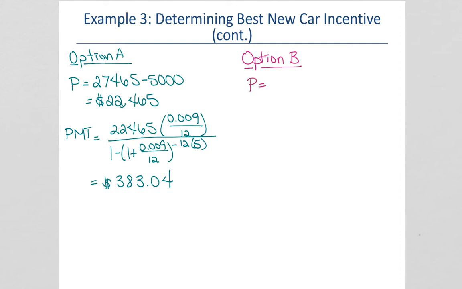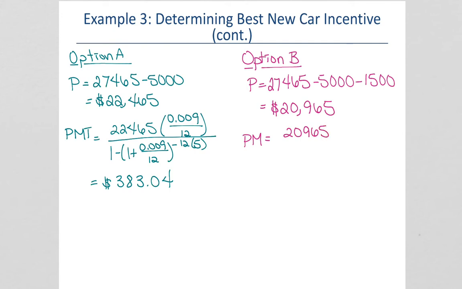For option B, here's the cost of the car. Subtract $5,000 that he's putting down, plus he decides to stick in the $1,500 there for his down payment too. So he's going to finance $20,965.